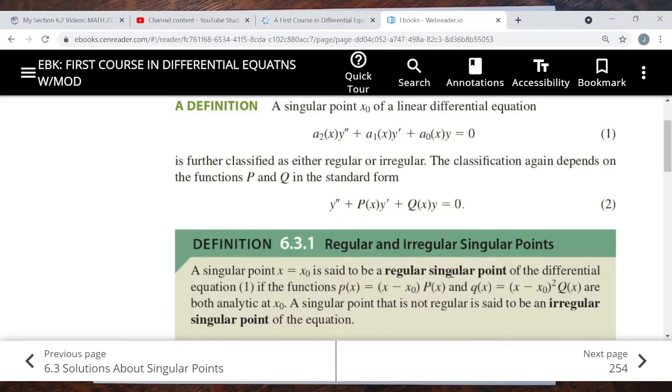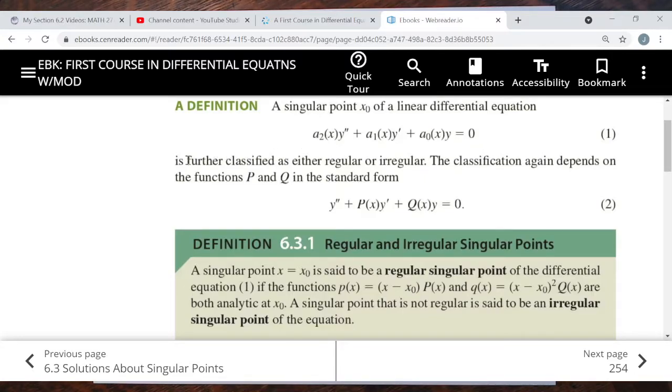Please know that these definitions could be extended pretty naturally to orders higher than 2, third order, fourth order, but I'm only going to be focusing today on second order equations. So you have some function of x times y double prime, plus some other function of x times the first derivative, plus some other function of x times y equals 0.